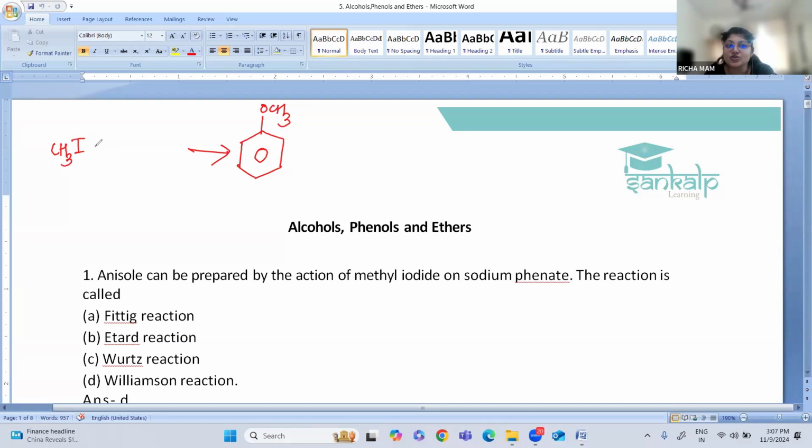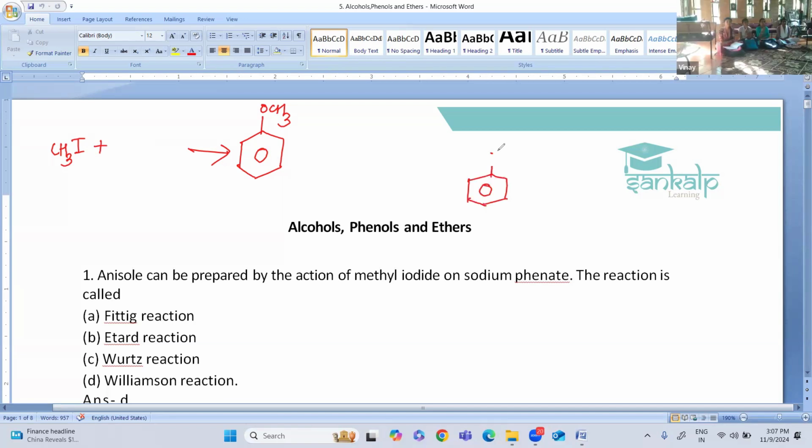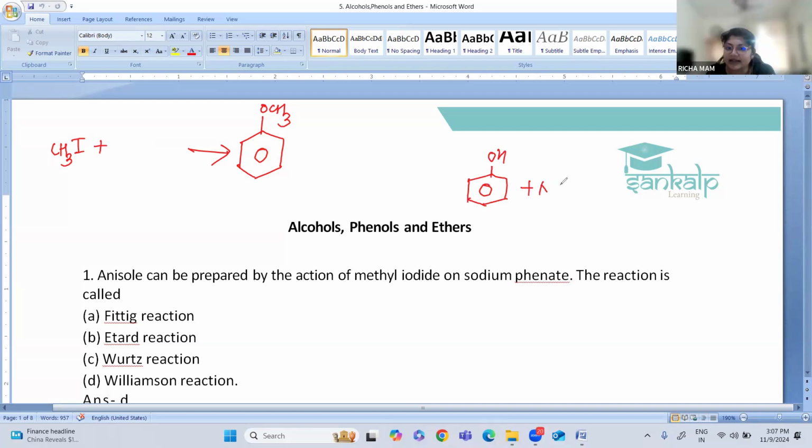on sodium phenate. Now what is sodium phenate? Your phenol, when it is reacted with sodium hydroxide, you get what? This is Na plus OH minus, so this will split into Na plus OH minus.